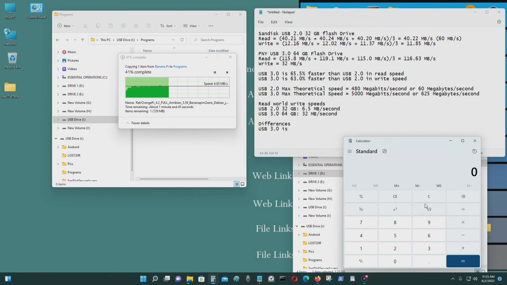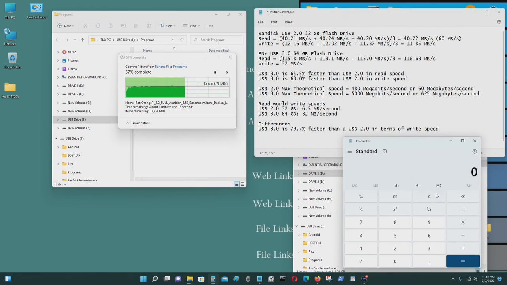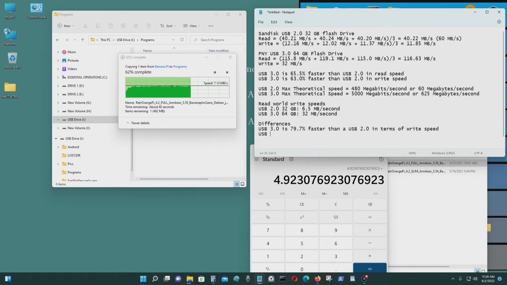It is 4.92 times faster than a USB 2.0 in terms of write speed.